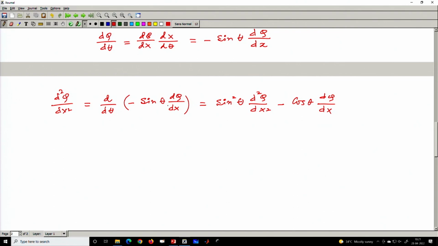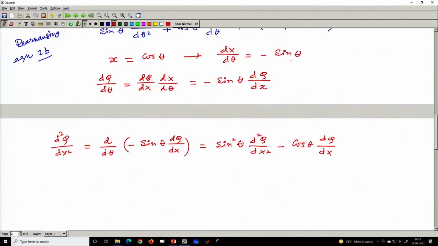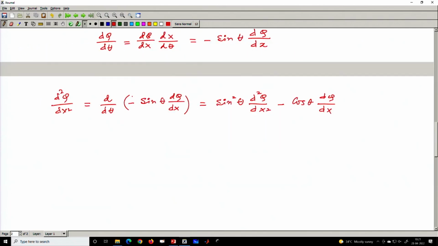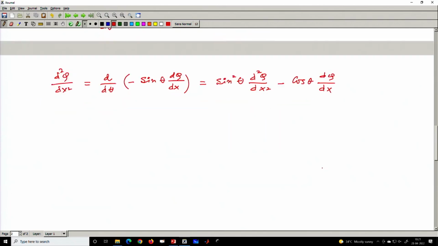Again I can make this d dx and dx d theta, and I can replace this value, minus of sin theta. So, minus of sin theta multiplied by minus of sin theta becomes sin square theta. Okay. So I put everything in this equation, and when I replace, what I see is this.